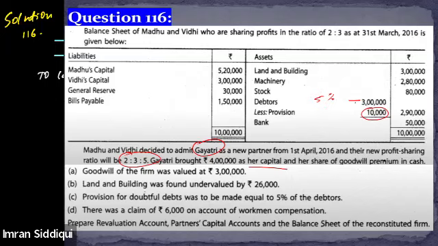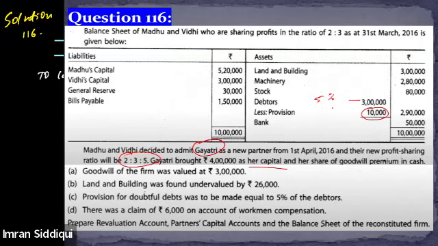And out of 15,000, we already made a provision of 10,000. That means we need to increase the overall provision for debtor by 5,000 more.